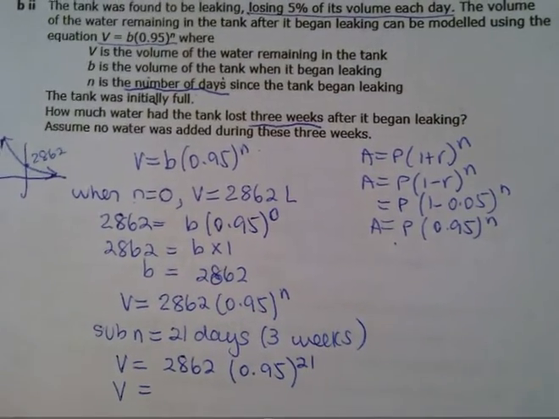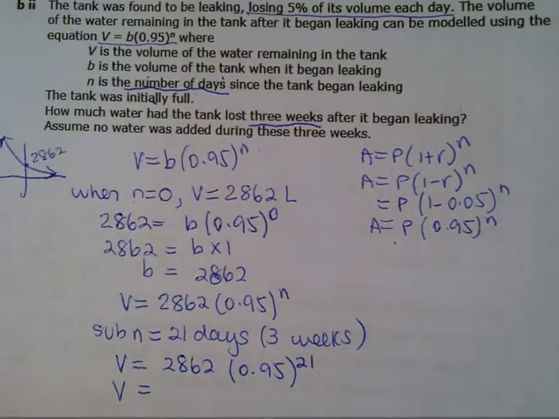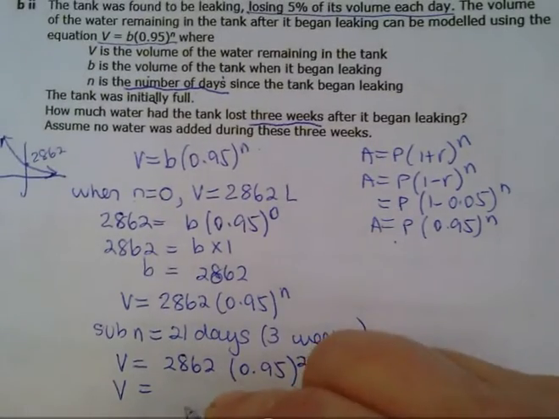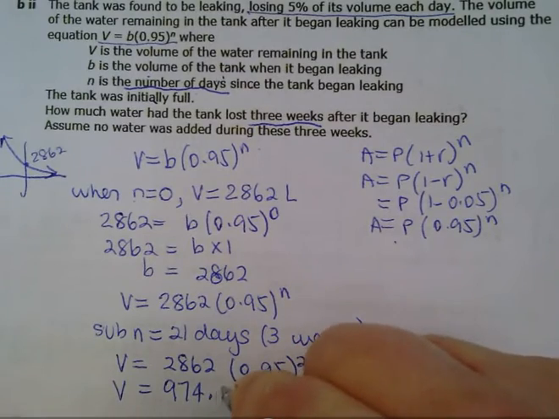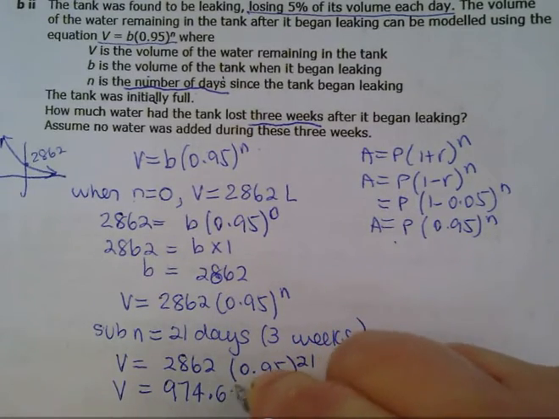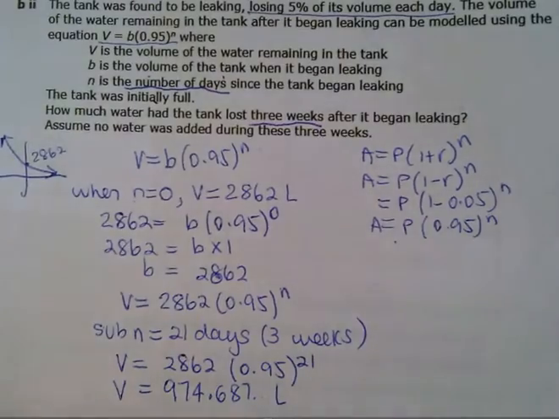And then when you've done this, you need to go back and read the question very carefully to make sure that you're actually answering it. Does anyone have an answer after this substitution? 974.66 litres. Now, let's go back and read the question.